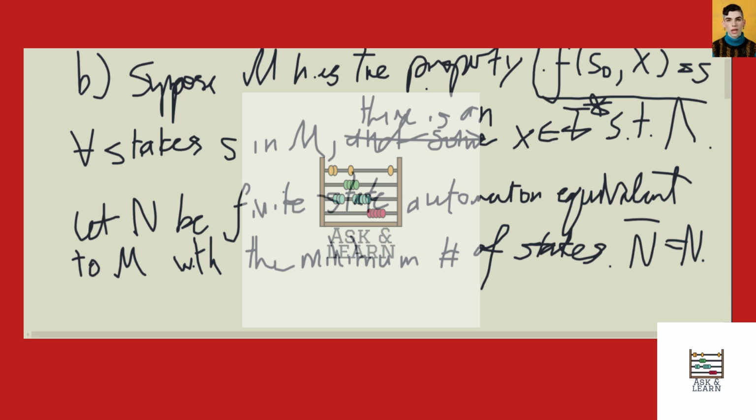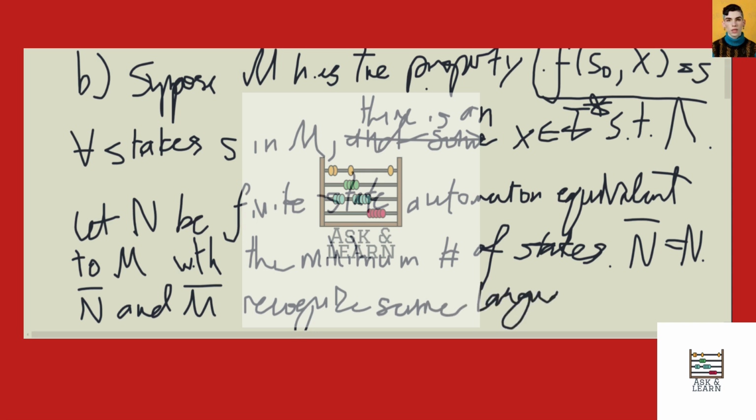Now, because N has the minimum number of states, it follows that N bar has to be equal to N. Otherwise, N bar would have fewer states than N, but N bar would still recognize the same language and thus be equivalent to N, and therefore equivalent to M. But then N bar would have fewer states, would be the new minimum, which is a contradiction.